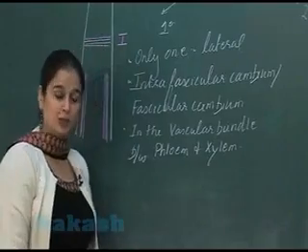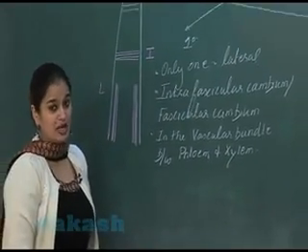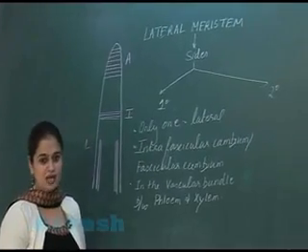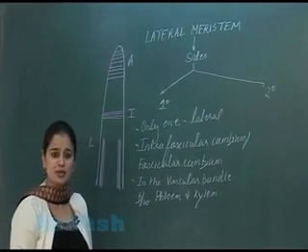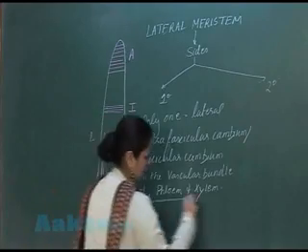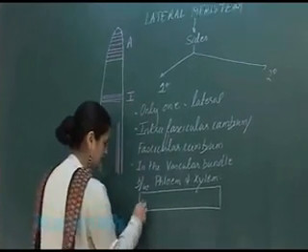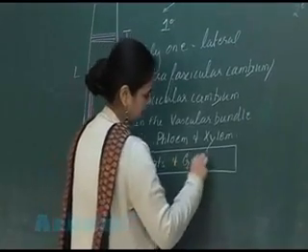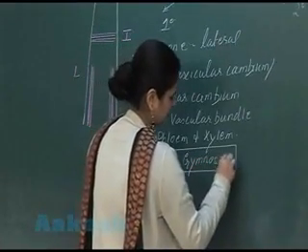And I want to make one point clear here. The lateral meristem is only seen in dicots and in gymnosperms, not in the case of monocots. It is going to be seen in dicots and gymnosperms.